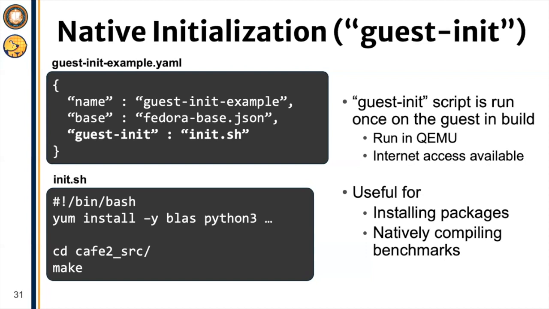So you would boot beforehand in QEMU, type in yum install BLAS, Python, whatever, everything that's precompiled for you, type make, and then you save that result and use that in your actual software workload. So it allows you to install packages and natively compile things.